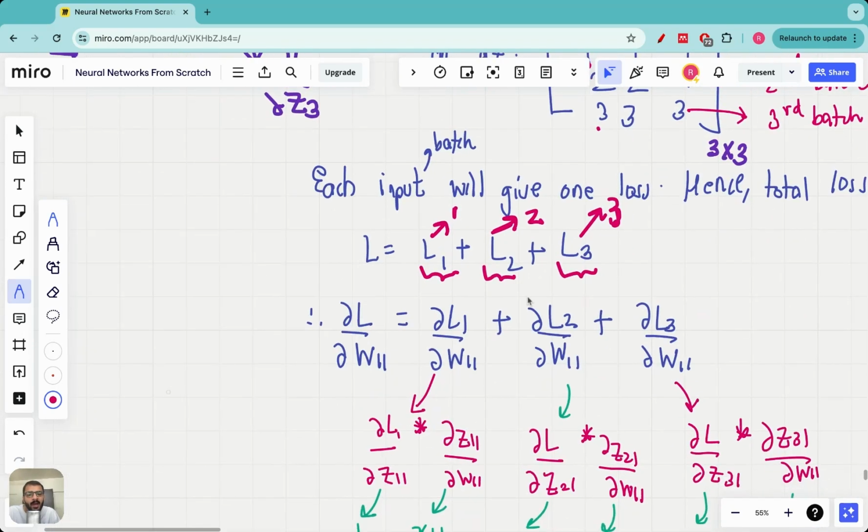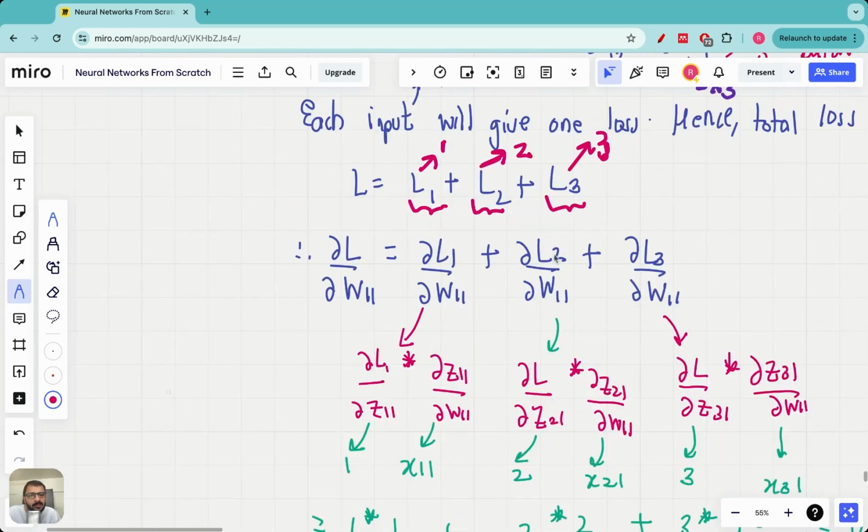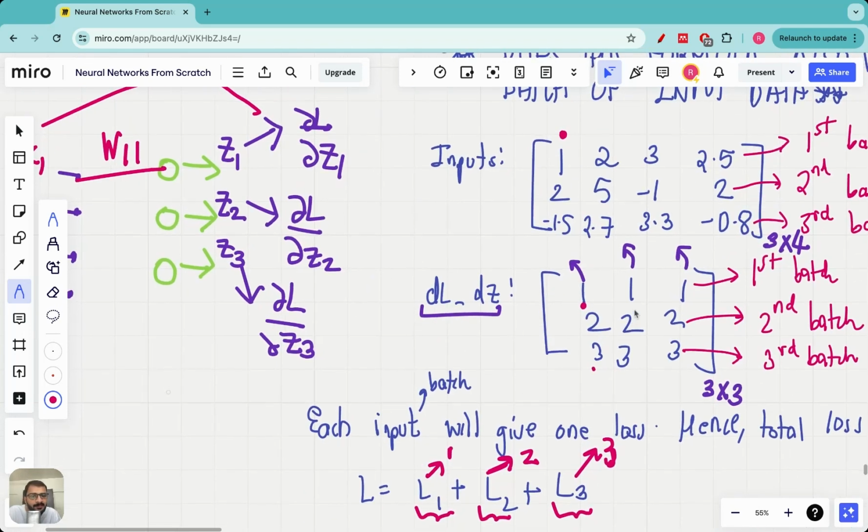Now we have to add to this the partial derivative of the second input batch loss with respect to W11. Now what is this partial derivative? It will be the partial derivative with respect to Z21. Now Z21 is this here. Remember, we are looking at the second batch and we are looking at the first neuron.